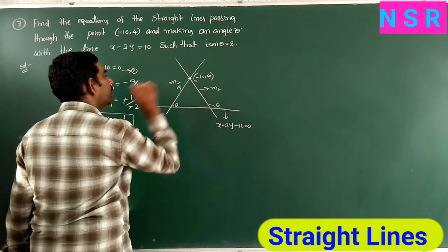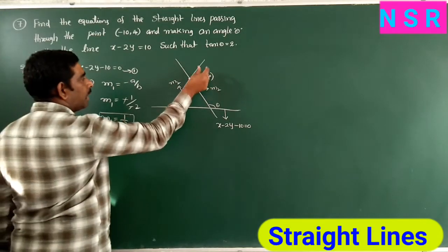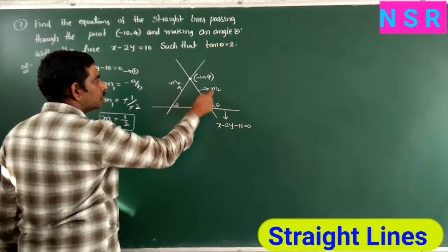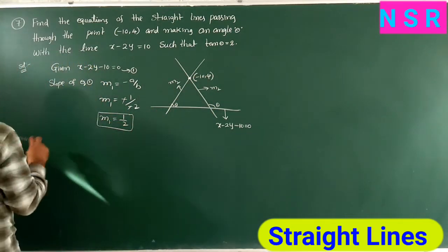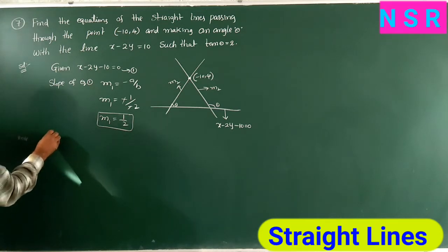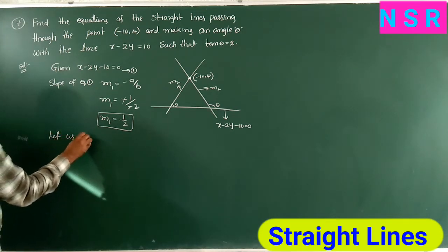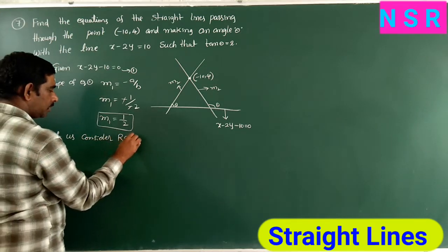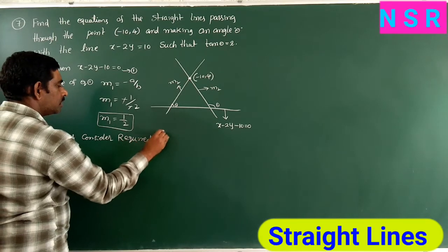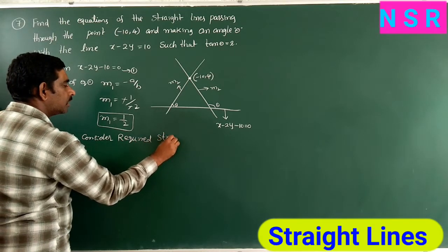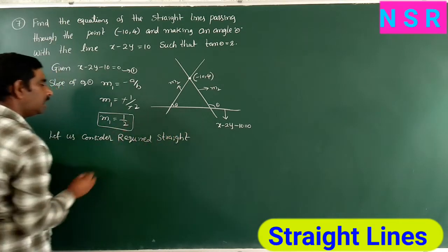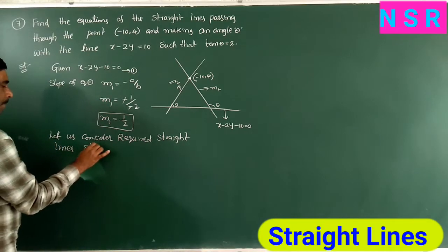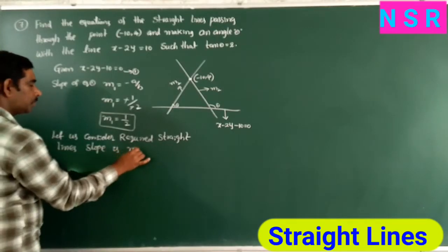Now consider here slope of this line is m2. So we get here two m2 values, and already we have the point of these two lines. So by using point slope form, we get two equations. So let us consider required straight lines slope is m2.